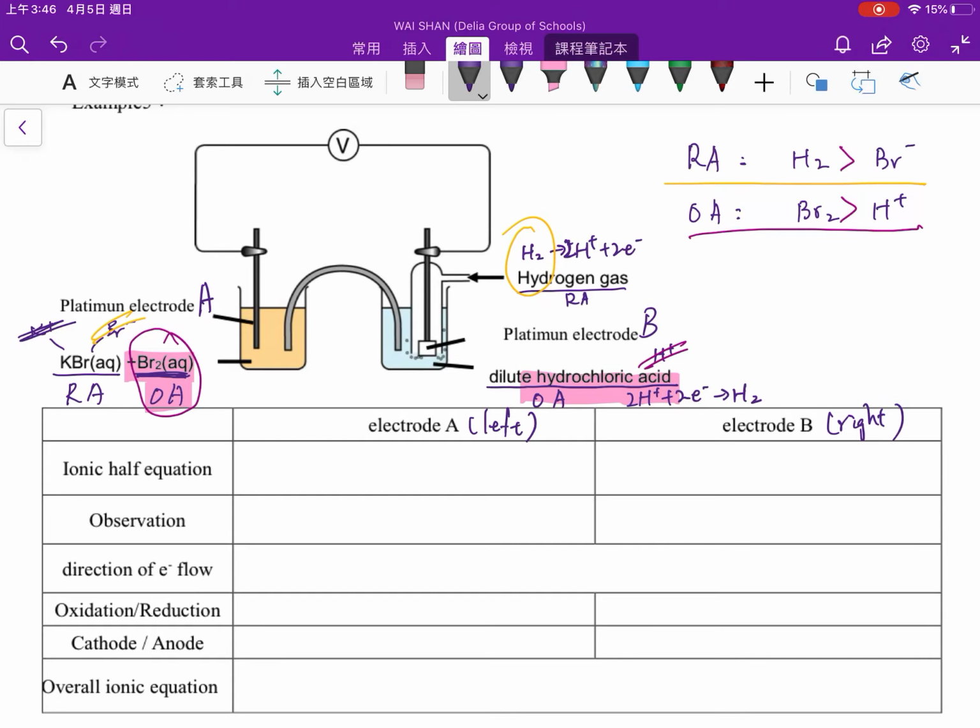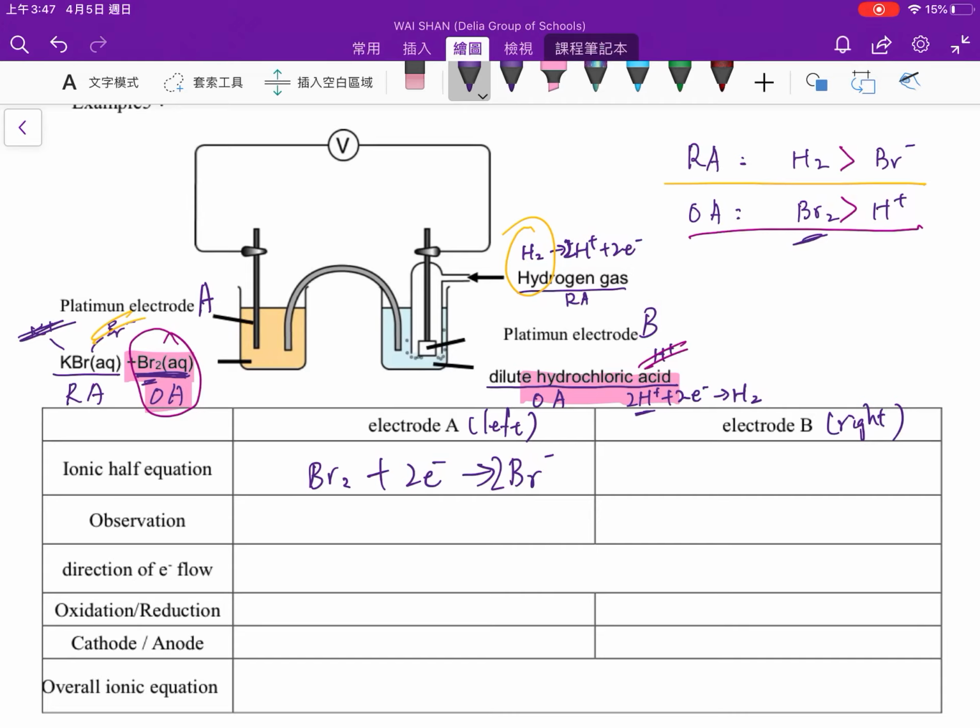For electrode A, that means the left half cell, as we said, by comparing the two oxidizing agents, hydrogen ion and bromine, bromine is stronger, so bromine will discharge, and we know that it will change to bromide. Okay, so I think you can do the rest of them.